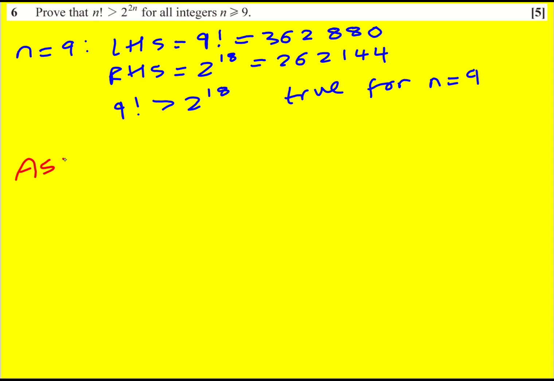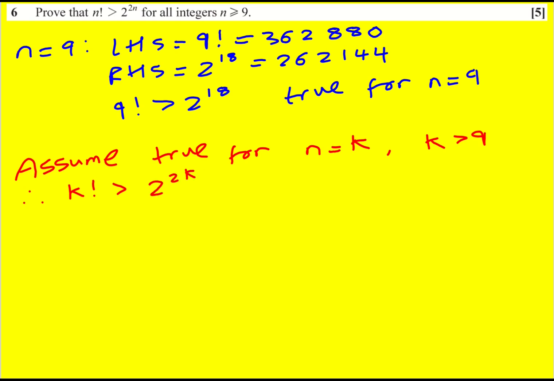Now we're going to assume true for n equals k, some k that's greater than 9. Therefore, this is true: k factorial is going to be greater than 2 to the 2k.